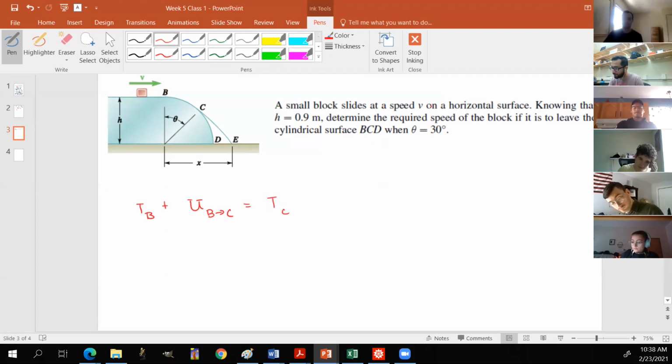We know the velocity at position B, so let's just write it out as half m VB squared.